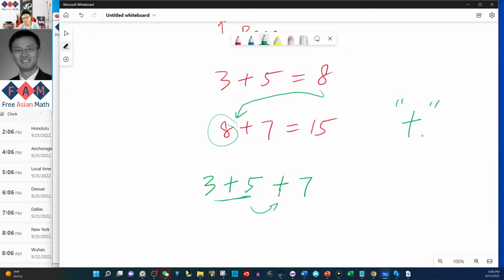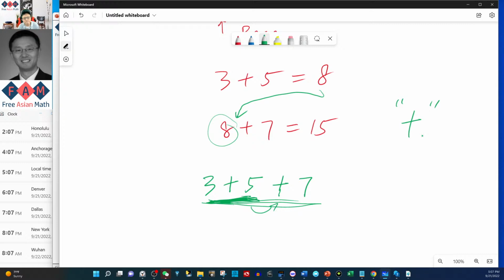Addition is defined with two numbers. There's no way you can read the whole thing as just one operation. That's not well defined. So you have to start with something that is meaningful, and that is 3 plus 5. So naturally, we think 3 plus 5 is the thing that you need to do first.